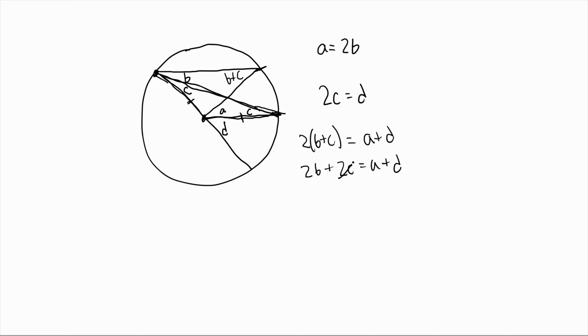I can replace this with the D, and I have A plus D plus D. I can subtract D from both sides, so they're gone. We successfully did it. A is equal to 2B.